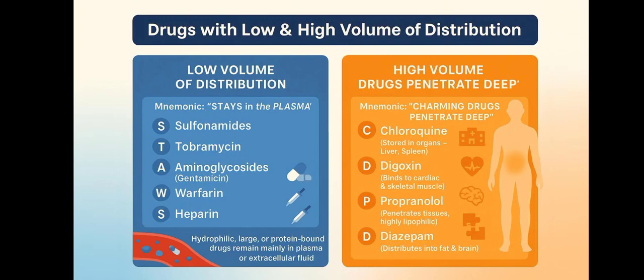The mnemonics for factors affecting drug distribution, "please let the blood flow deeply," for drugs with low volume of distribution, "stays in the plasma," and high volume of distribution, "charming drugs penetrate deep," provide simple and effective ways to recall the key principles and examples of drug distribution.